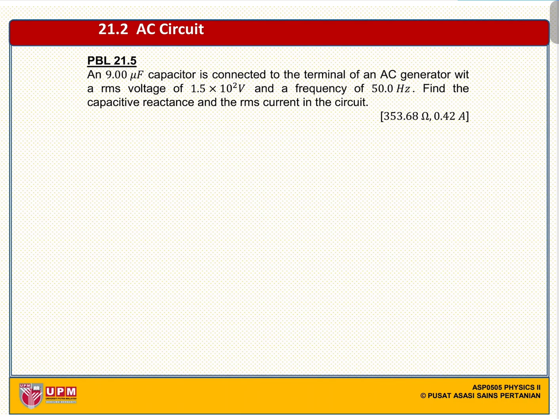So, tengok contoh soalan. Dia bagi kat sini kapasitor awak sama dengan 9 darab 10 negatif 6 farad. So, tulislah. Tulis darab 10 kuasa negatif 6 ni. Jangan tulis mu je. Nanti awak tertinggal masa tekan kalkulator.